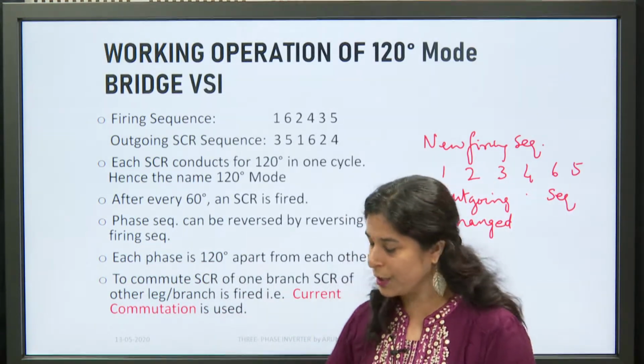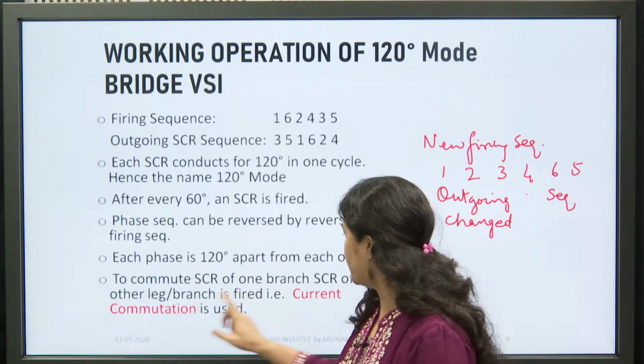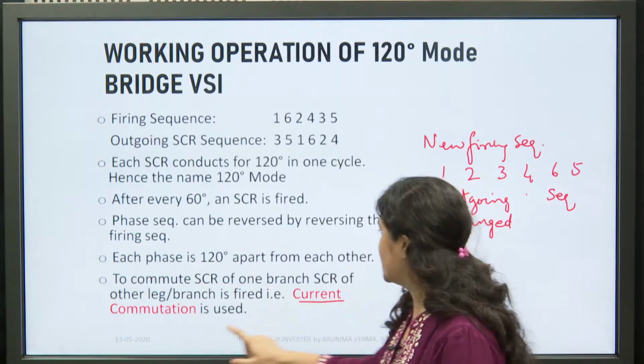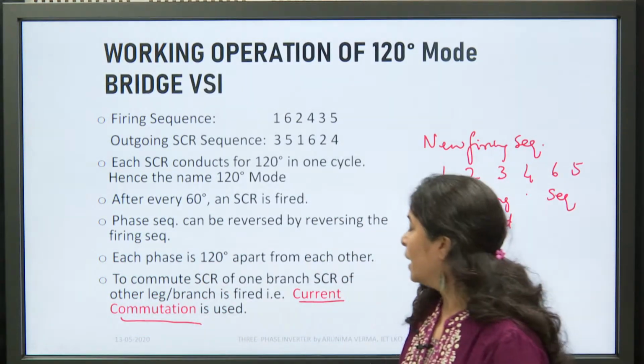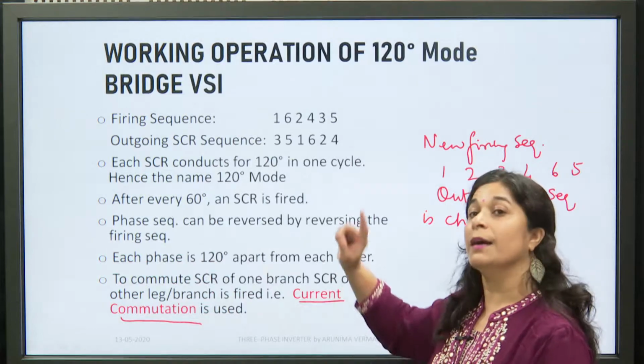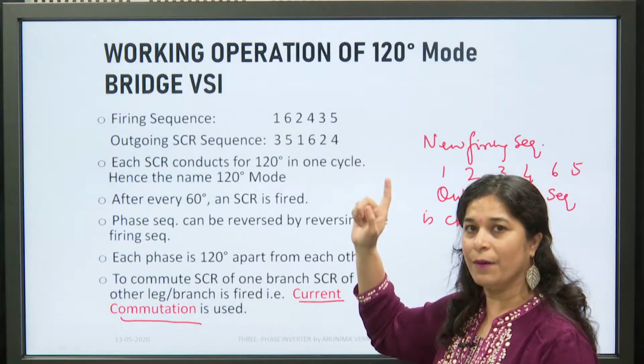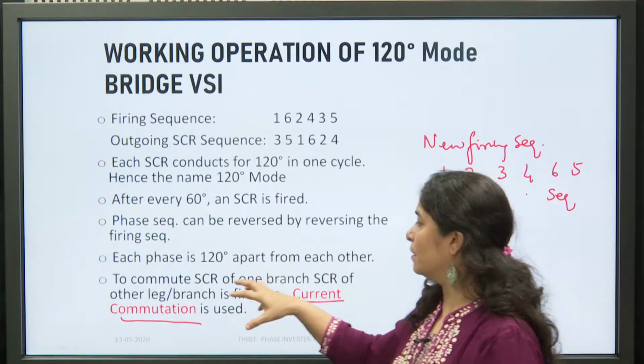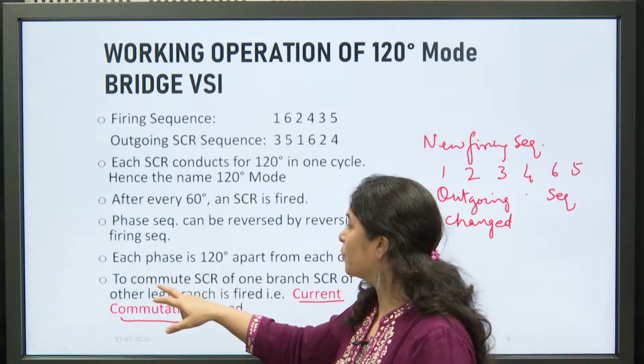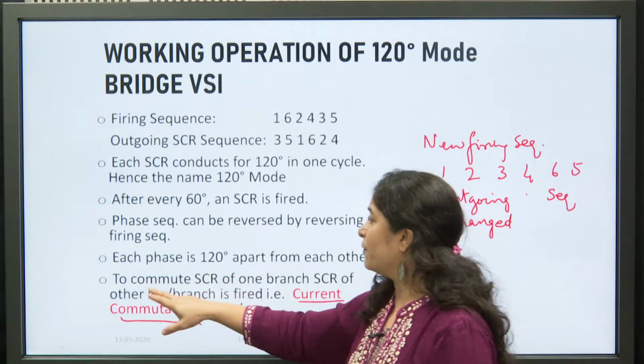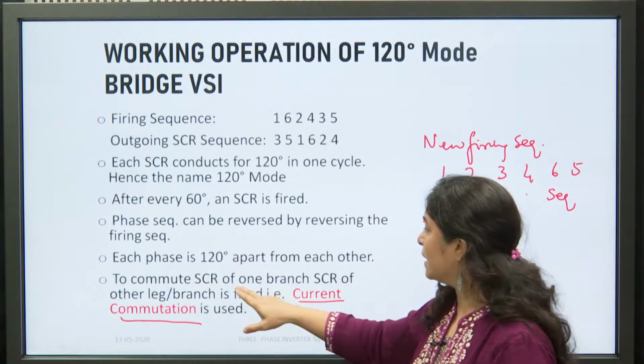What I want to say is, in 120-degree mode of operation, we are applying current commutation. That is important. What is current commutation? I will go back to that particular slide where I have drawn the complete circuit diagram of 120-degree mode with commutating components, and there you will see that the SCRs are commuted.